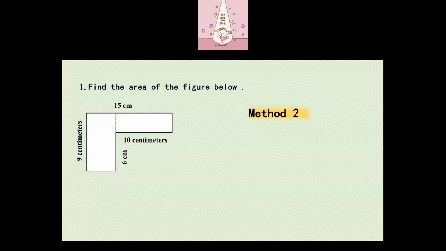This is the split method. And group 2, method 3.